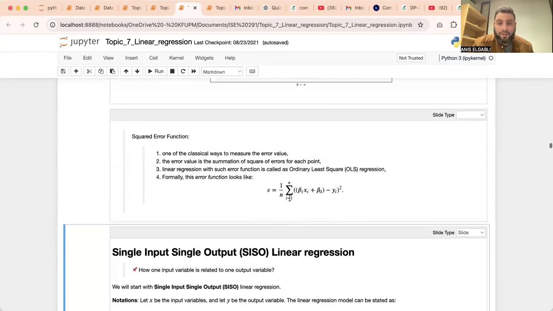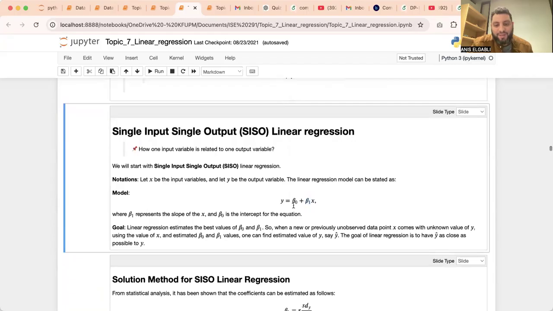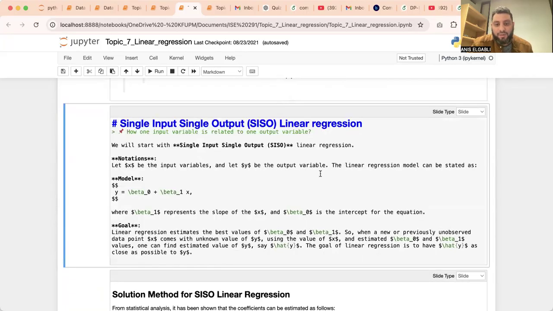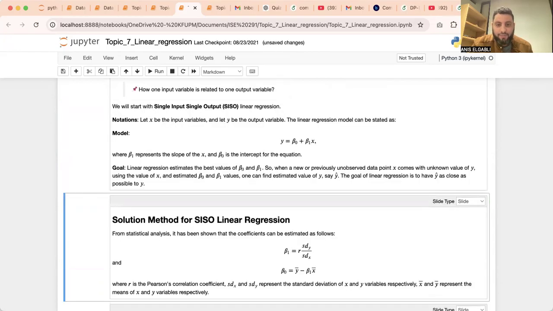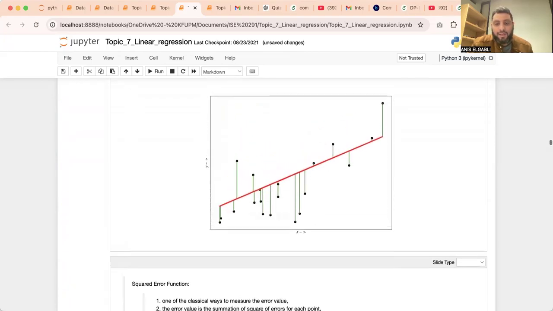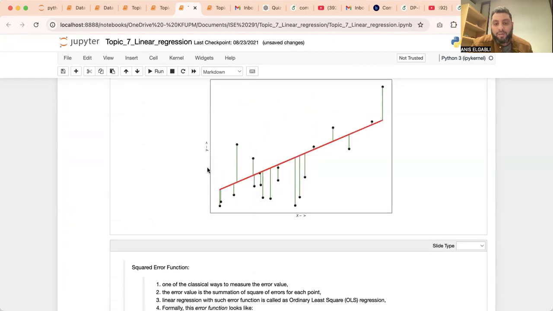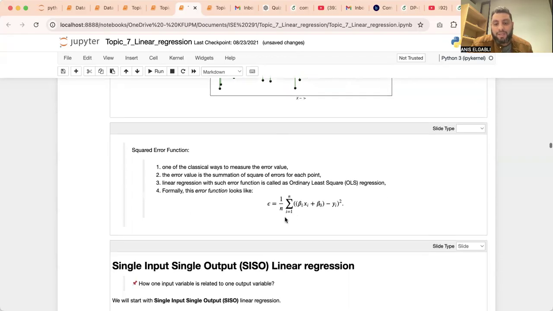So any line is defined by these two variables, the intercept and the slope. Among all choices for beta 0 and beta 1, we need to choose the one that minimizes this error function.